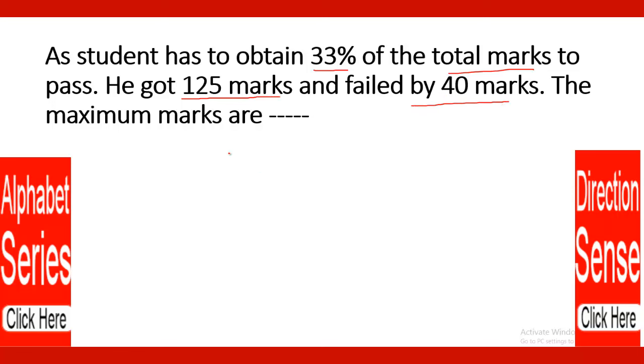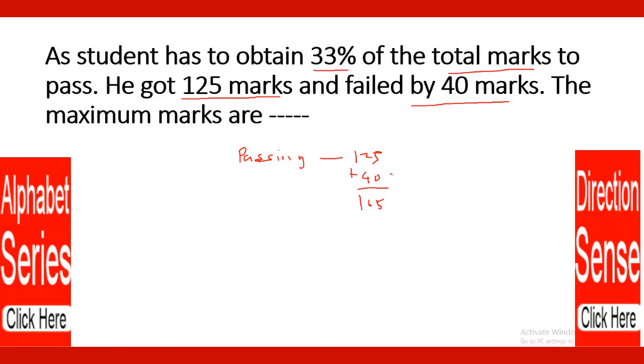It means that the passing marks will be equal to 125 plus 40, that is equal to 165. So 165 are the passing marks.